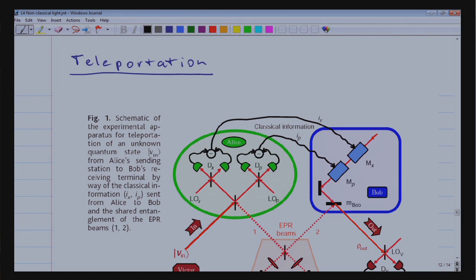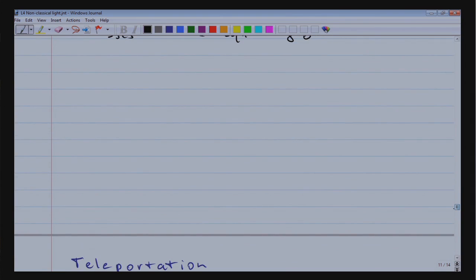So I want to show you how balanced homodyne detection, quadrature measurement, and displacement operator can be put together to generalize a scheme for teleporting quantum states. So this is an application of squeezing, homodyning, and all that. Teleportation of light.